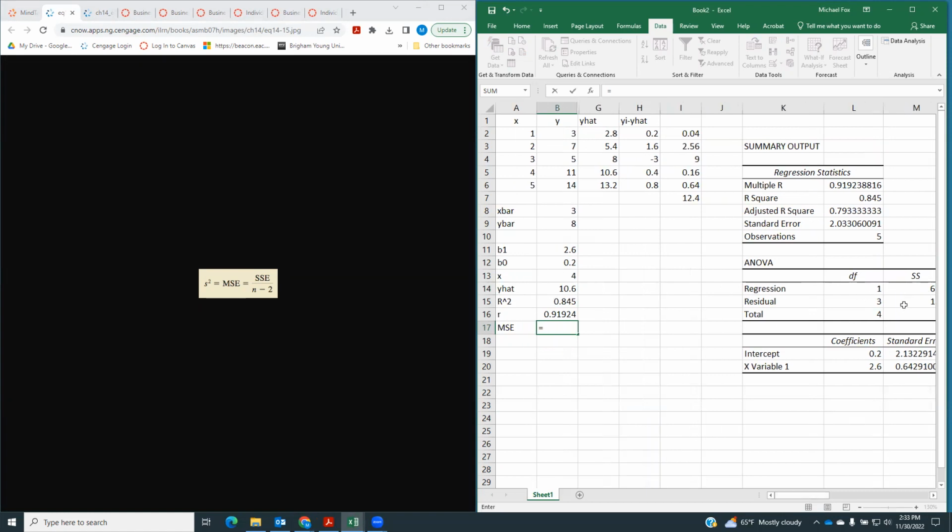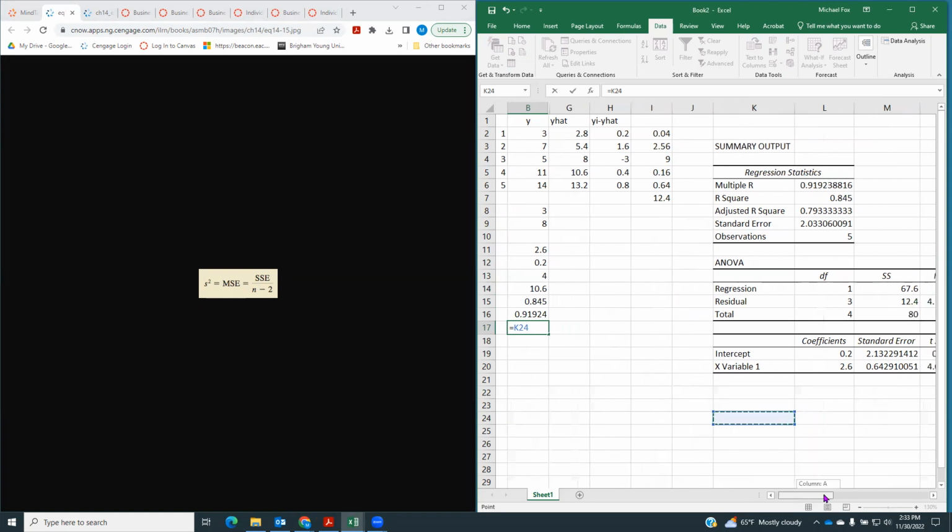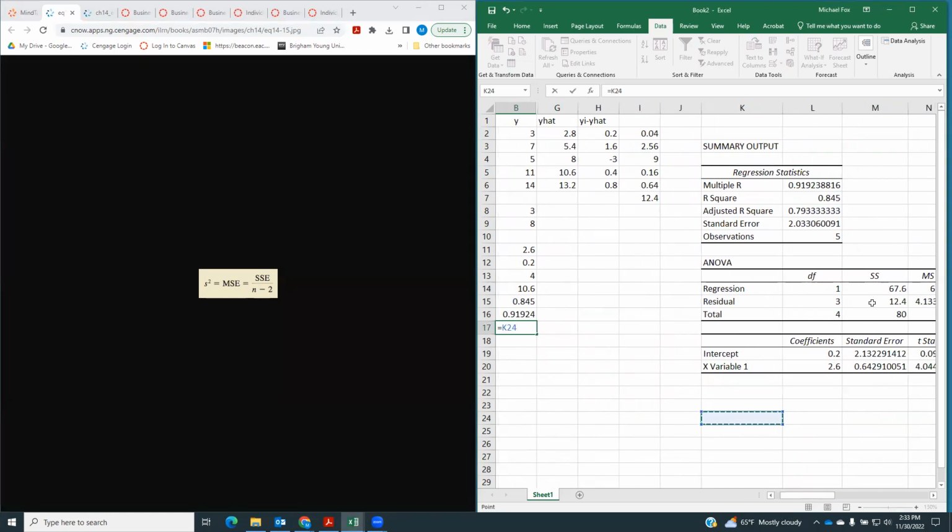So our sum of squares error, which is SS residual, divided by n minus 2. N is our number of observations, and it's minus 2.